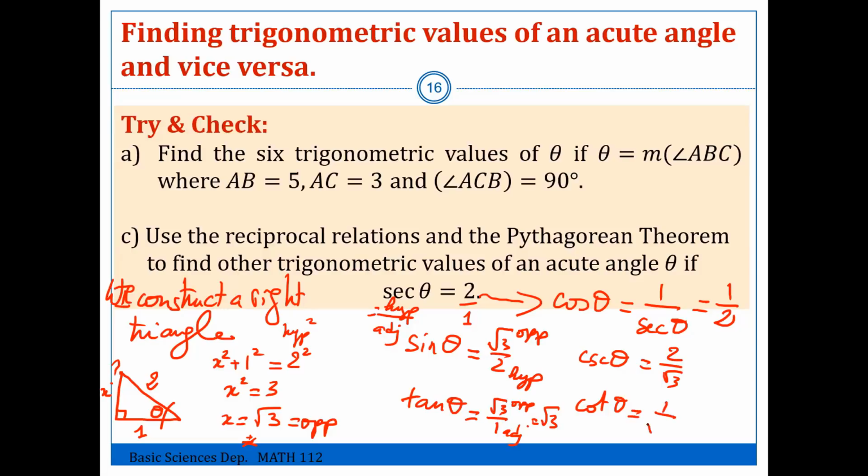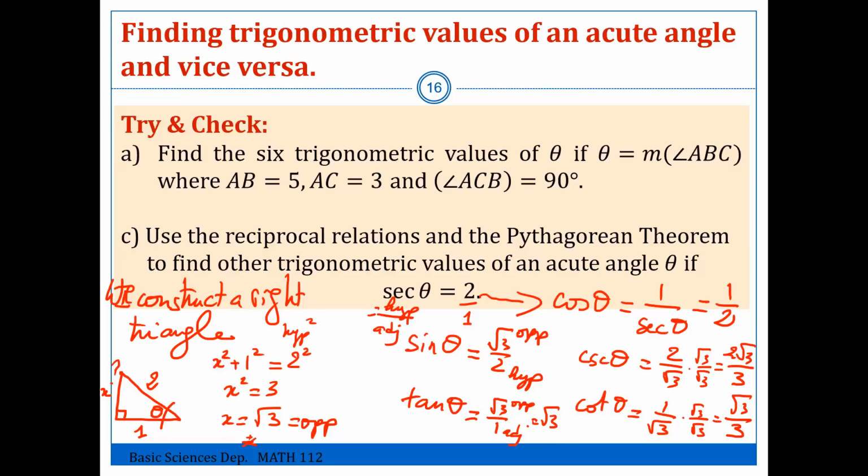The cotan is 1 over square root of 3. And we can rationalize the denominator, as asked by your colleague, and we get this. Here same thing, we rationalize the denominator, over 3. And I am done.